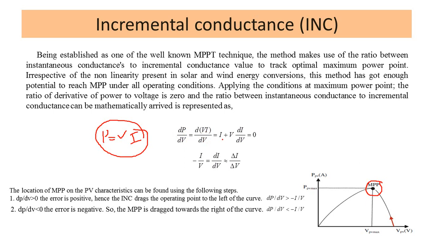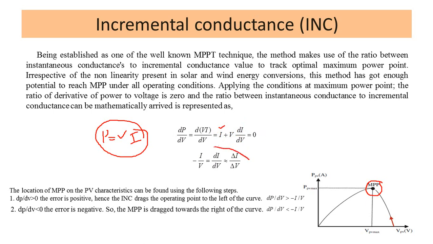Now I have split this equation into a split form: I plus V into dI by dV. I into dV by dV will get cancelled, so you get only the I term alone, and we get V into dI by dV, which is equal to 0. Of course the slope is going to be 0. Now I am taking the terms out.